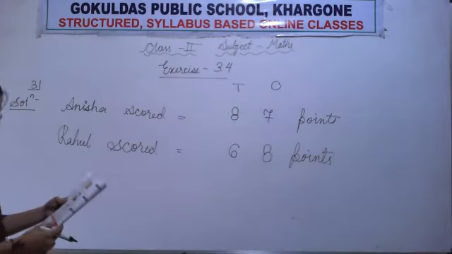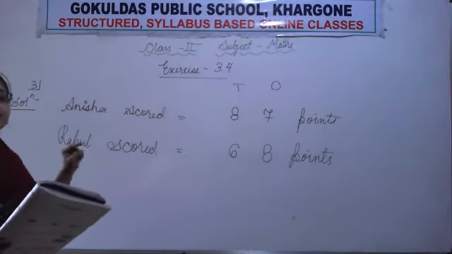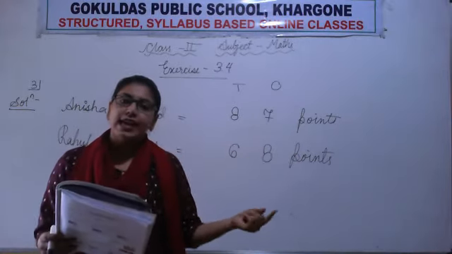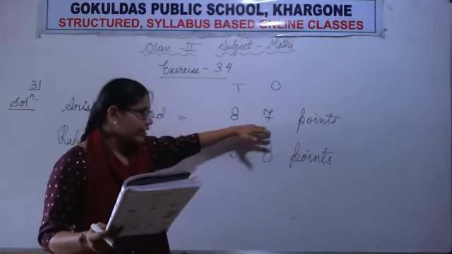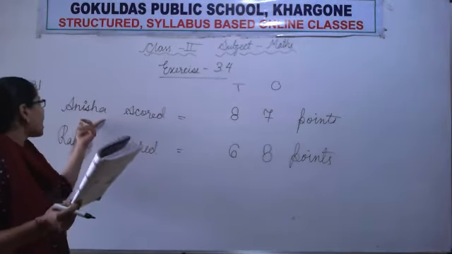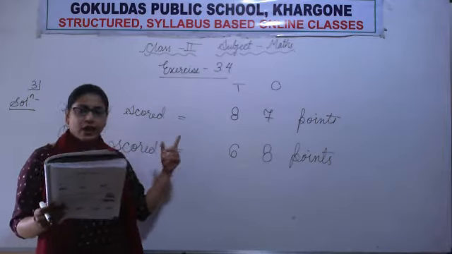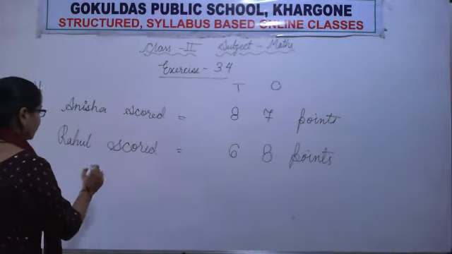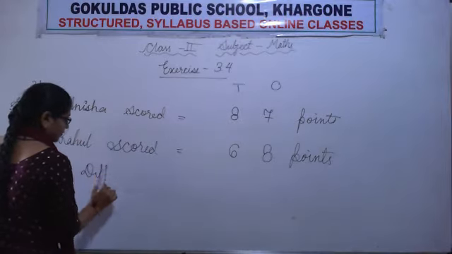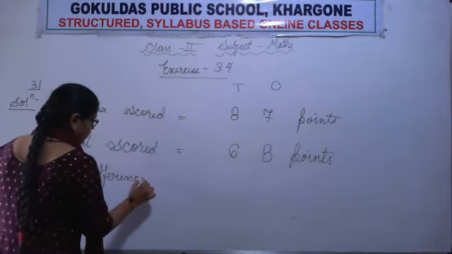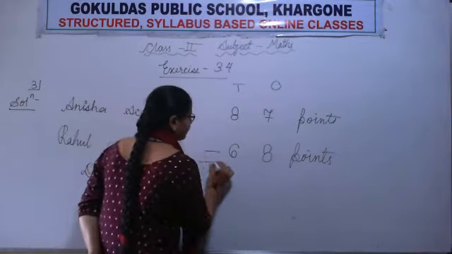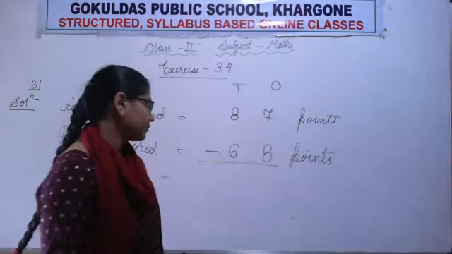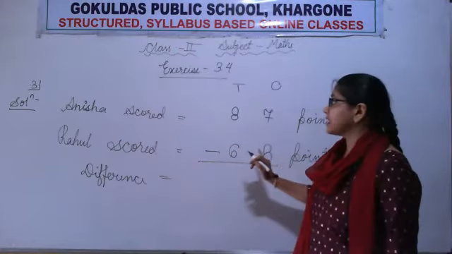Okay. Now, the question was asking us to find two things. The first one is whose score is higher. So we got 87 is the bigger number. It means Anisha's score is higher. Now the second thing, by how much? So we have to find the difference. So let's find out the difference between their scores. 87 minus 68.